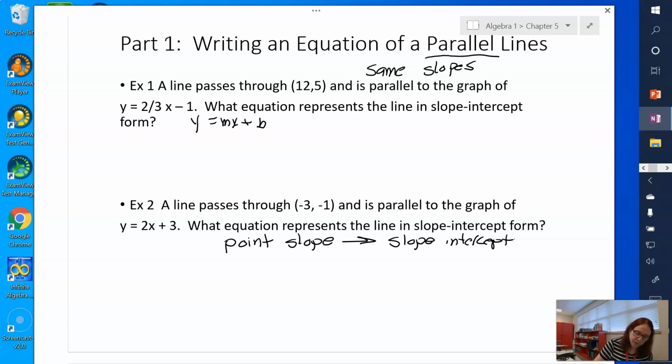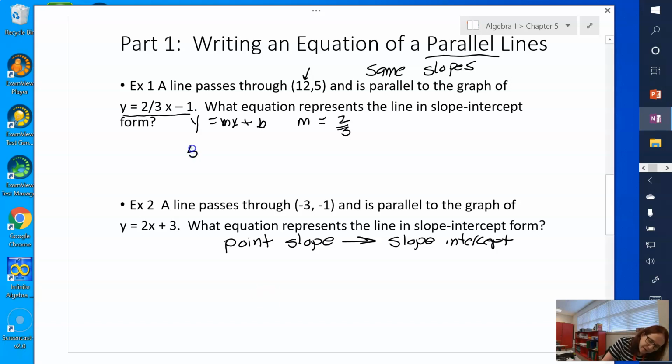So first of all, let's do finding y = mx + b. Because the slopes have to be the same, and the equation I'm starting with is y = 2/3 x - 1, that means my slope has to be 2/3. I also want that line to pass through the point (12, 5). So I'm going to plug the 12 in for x and the 5 in for y, plug 2/3 in for m, and then solve for b.